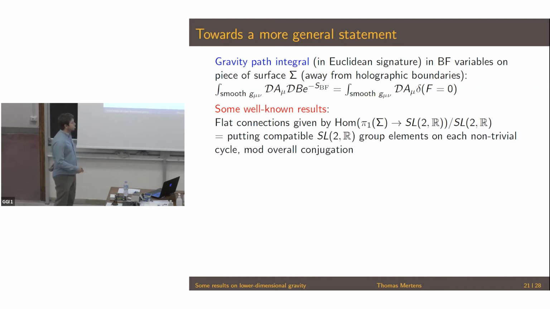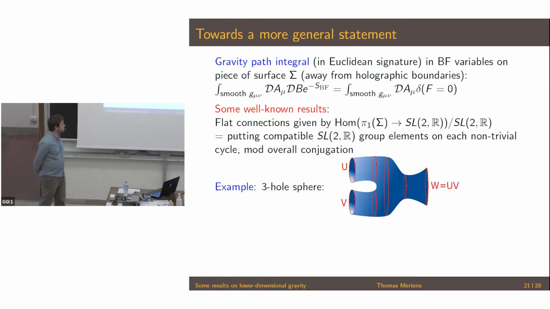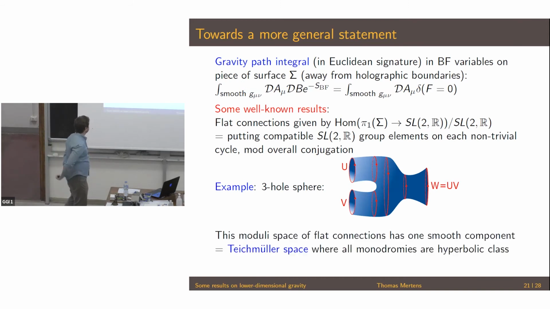One simple way of thinking about this is you need to put an SL2R group element on each non-trivial cycle of the surface, but they have to be compatible with each other, and you need to mod out by overall conjugation. As a very simple example, the three-hole sphere. I put a group element U, V, and W on the three cycles of the three-hole sphere, but there's a relation between them because they are connected, namely that W is U times V. So that's what I mean by this.